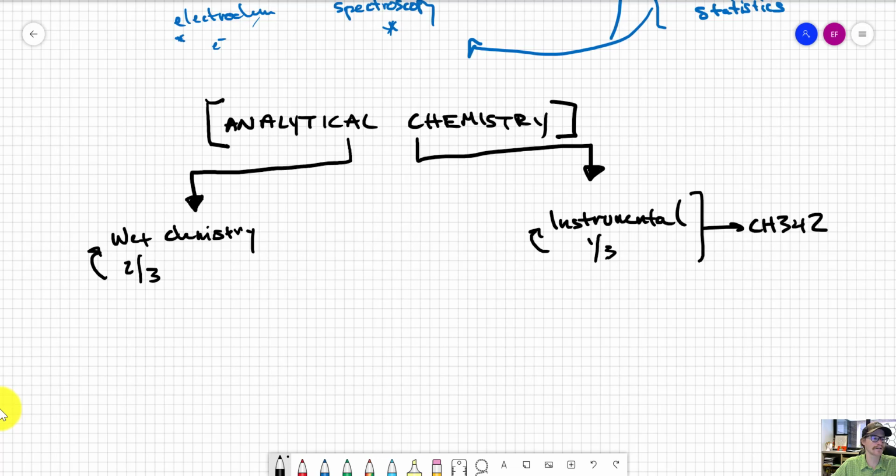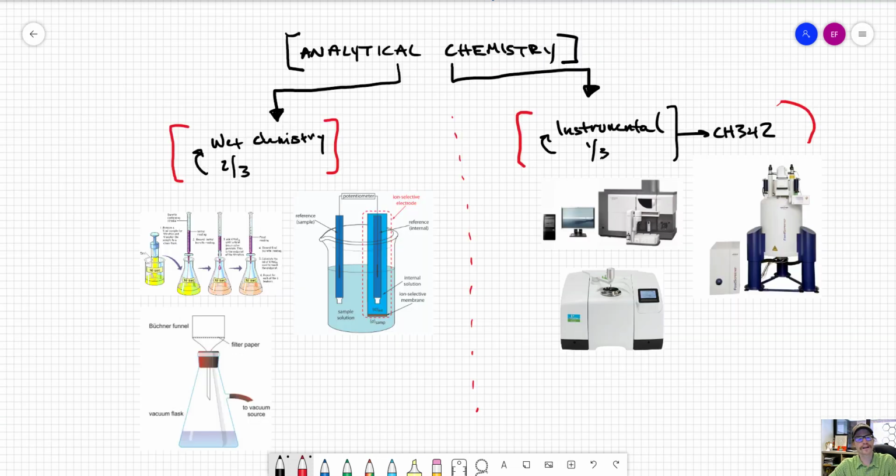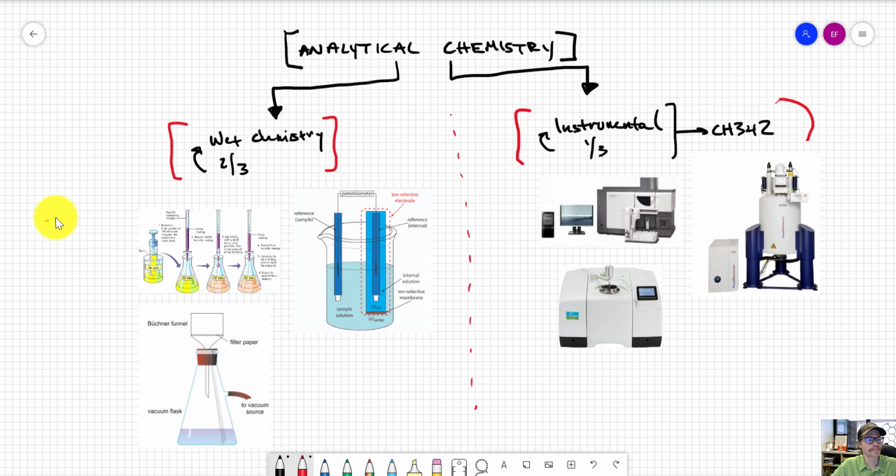So what do I mean in terms of the difference in these two subcategories? With wet chemistry, we're talking about things like titrations. Those can be acid-base titrations, which is primarily what you may have had experience with in a previous course. There's also precipitation titrations, and redox titrations.